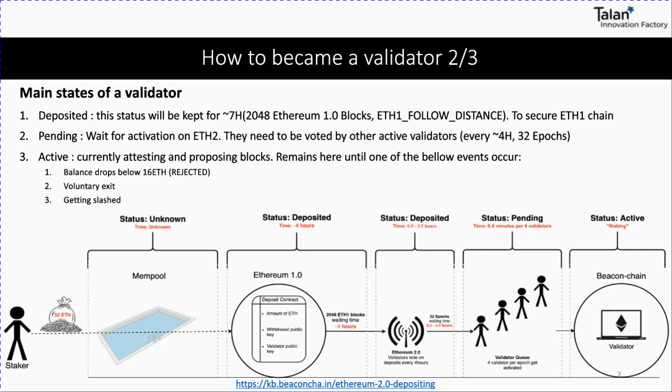So here you staked 32 Ether, but for some reason you lost some of them, and when you go below 16 Ether, you will be rejected, and you will see exactly why you can lose the Ether you staked. The other events are the voluntary exit, where you just decided to leave, and getting slashed, which means you will lose a lot of Ether and get rejected too, but this time forcibly.